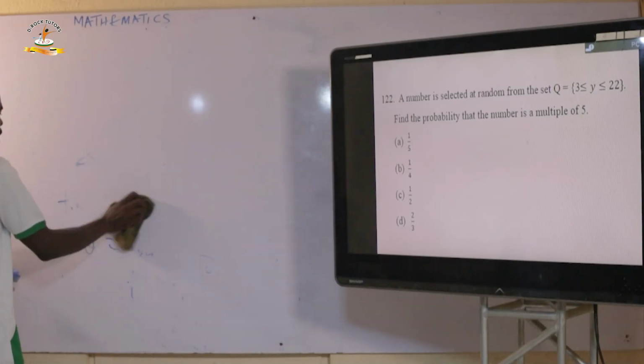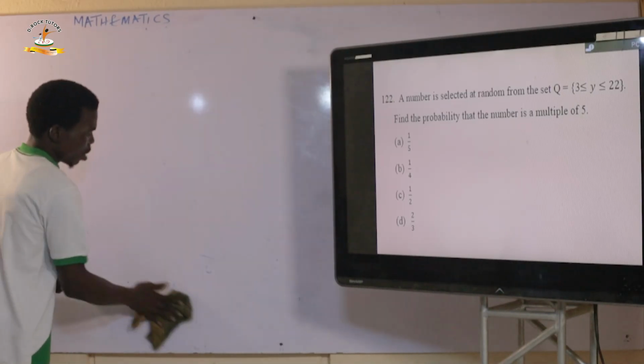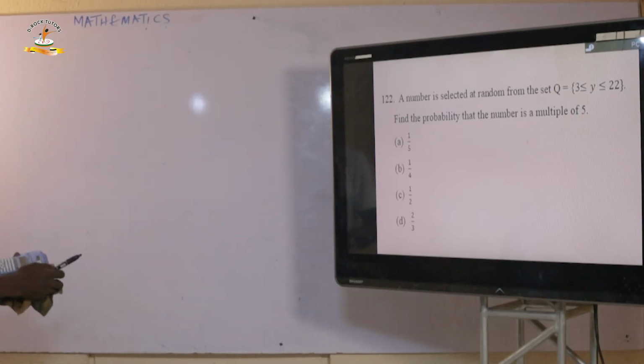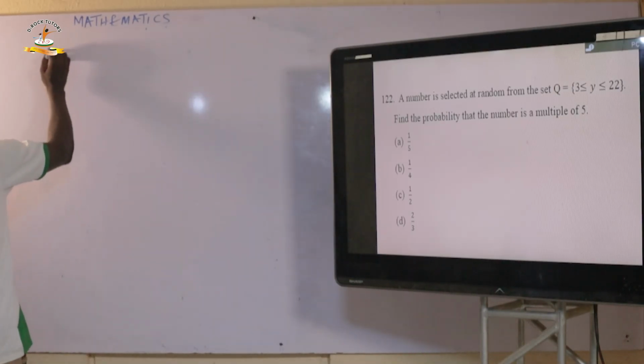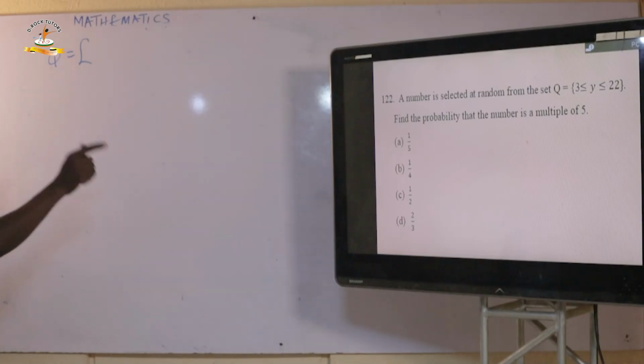So we have to bring out our sample space. The sample space Q is what? Start from 3.